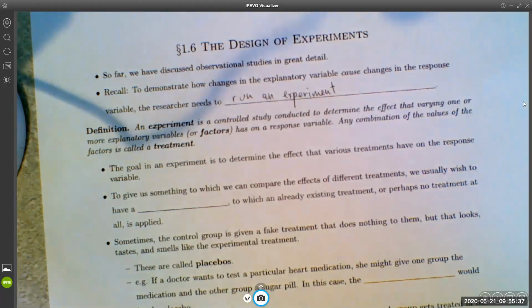So for example, if you are interested in studying weight loss, then some of the factors affecting weight loss would be diet, exercise, sleep habits, right? Let's just take those 3. If you were to look at a group of individuals and split them up into a whole bunch of different groups and give them different kinds of treatments, like maybe one group you tell them to just exercise for 30 minutes a day and you don't tell them anything about diet or sleep habits.